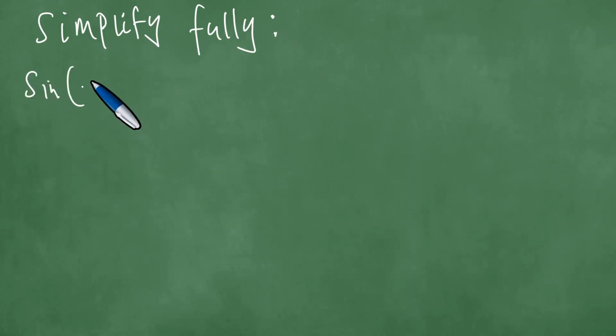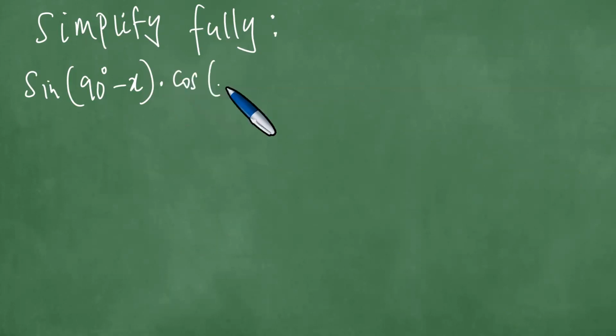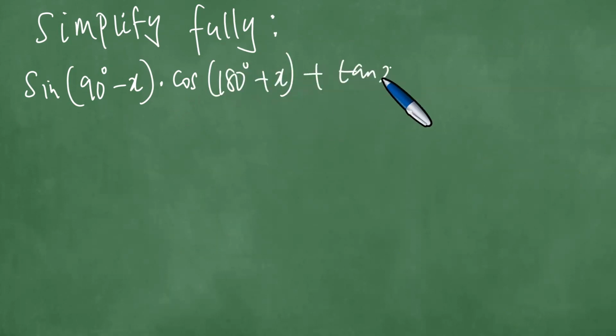Which is 90 degrees minus x, 180 degrees plus x, the tangent of x plus cosine x, x minus 180 degrees.